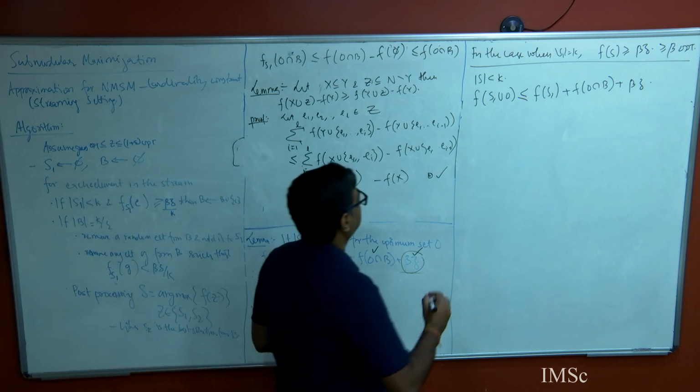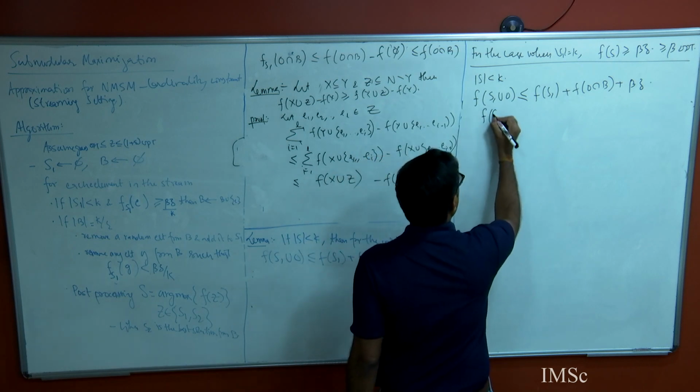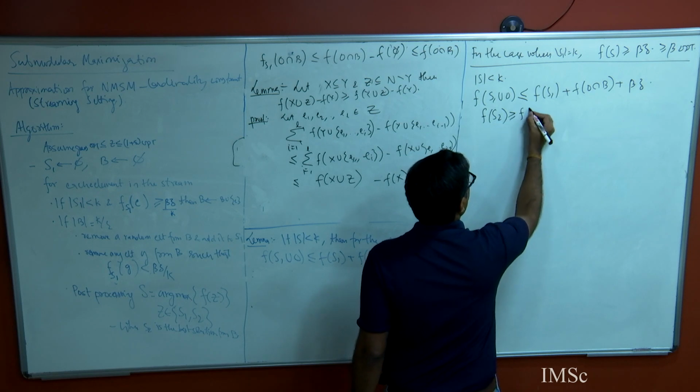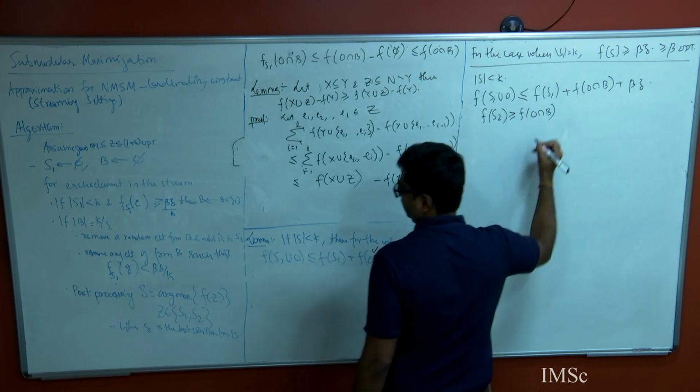What can we say about f of S2? I claim that f of S2 is at least f of O intersection B. Why?